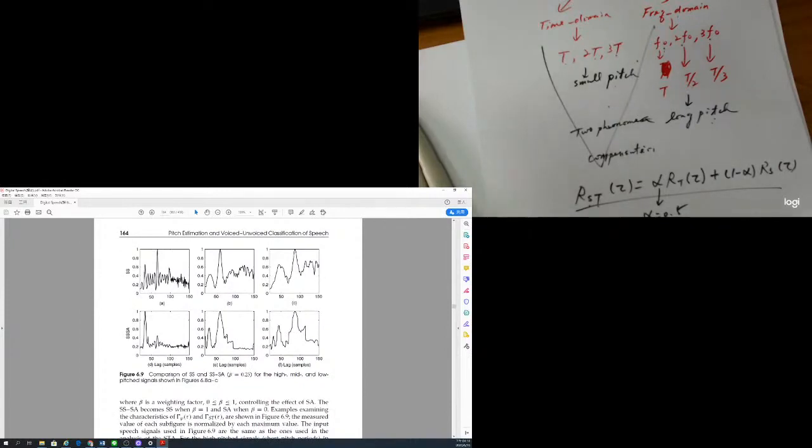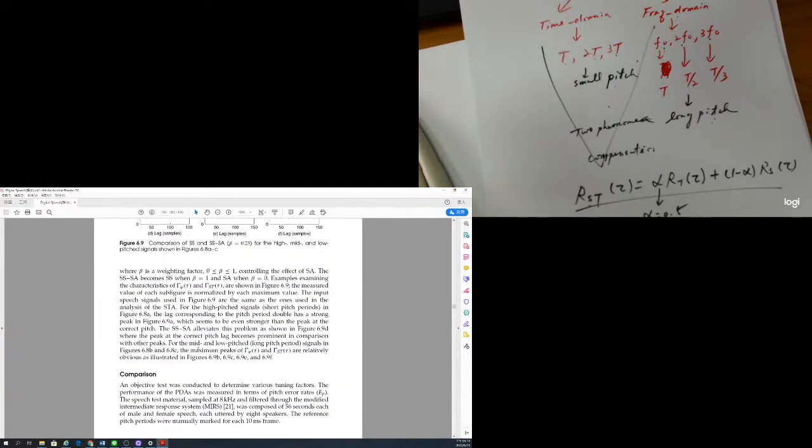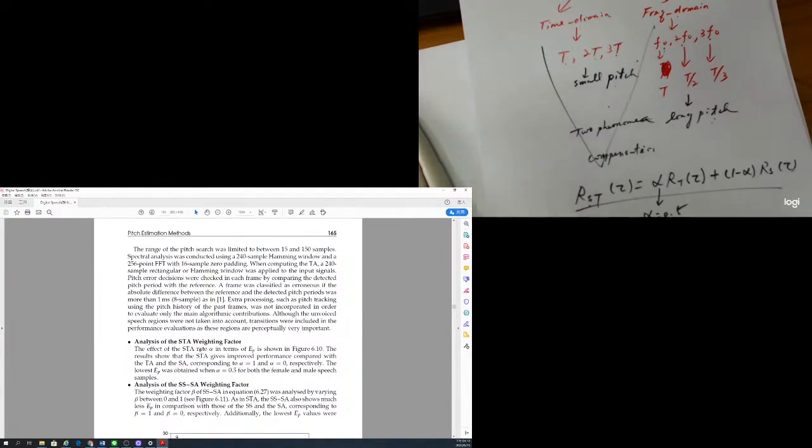One is spectrum synthesis, another is spectrum autocorrelation. Combined together, they can get a little bit more reliable performance, just for you to understand here.